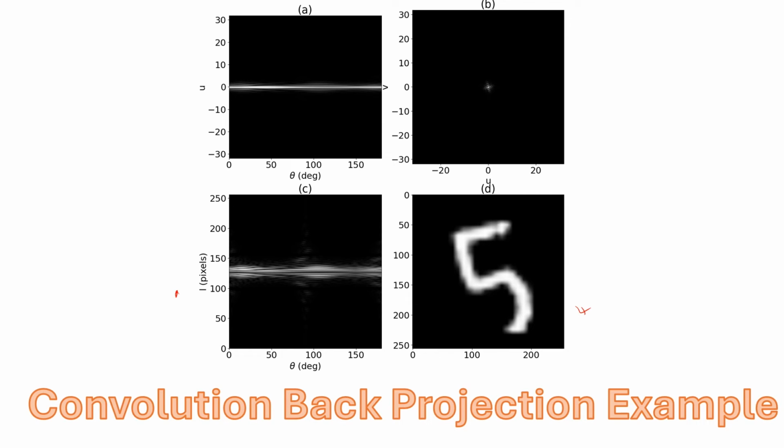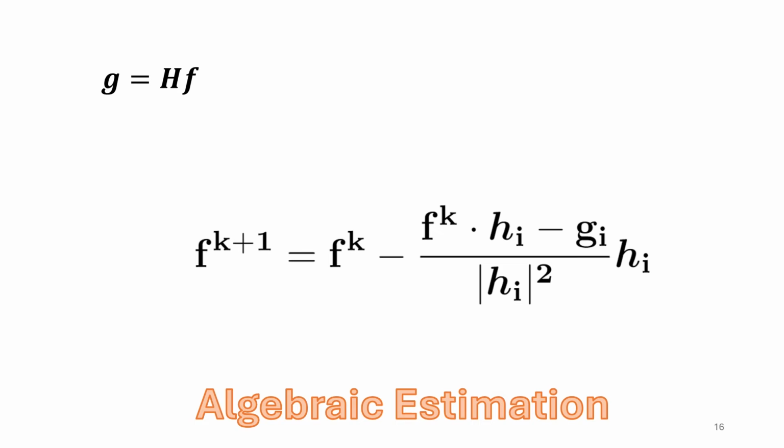If we don't want to do convolution back projection, one of the problems is that the algorithm doesn't necessarily respond well to incomplete data, which is what we're going to want to do if we want to form a compressive measurement system. Another approach would be to use algebraic estimation. Of course, this is a linear system. We've written a linear integral equation to describe the forward model. We could discretize f and discretize the measurements and turn this into an algebraic form.